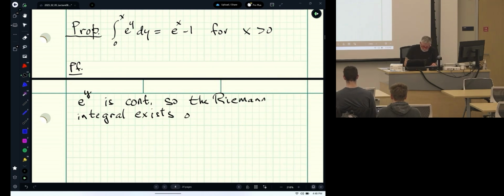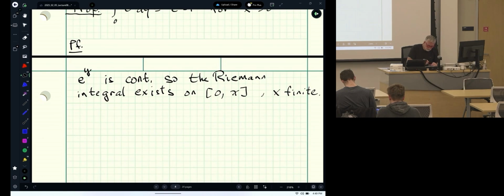It exists on all bounded intervals like this, x finite. Okay, so we don't have to calculate both Riemann sums. Since both Riemann sums exist and are finite, we only need to compute one. That's what the theorem says.